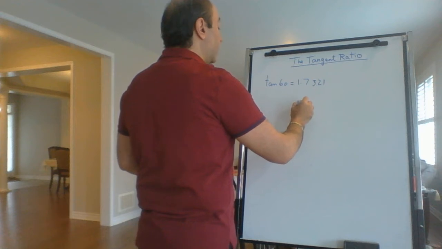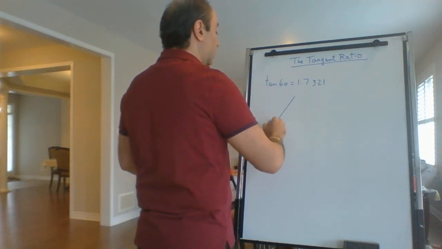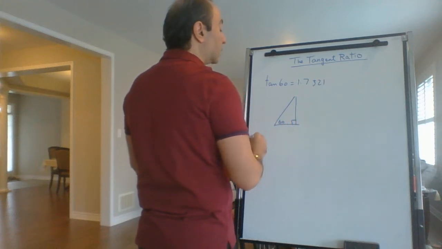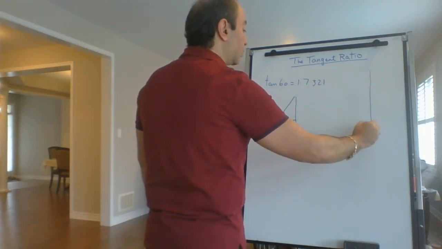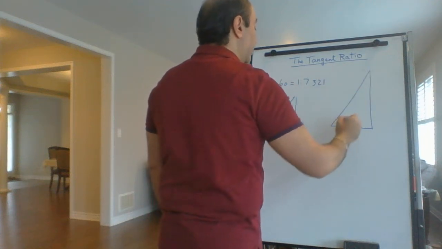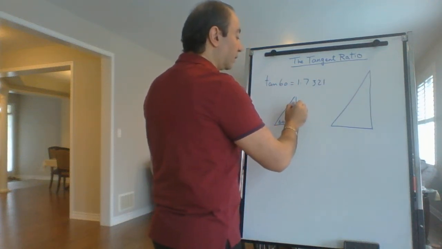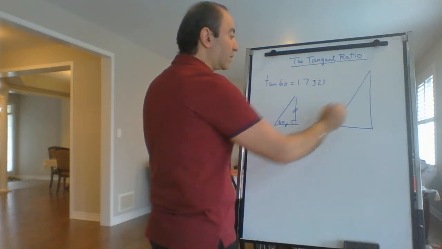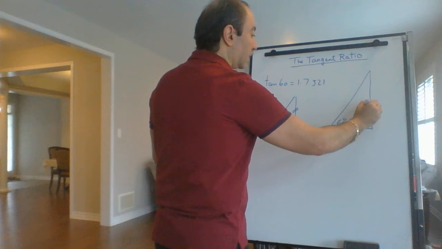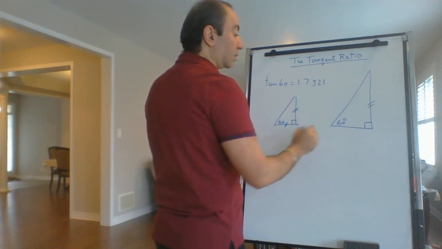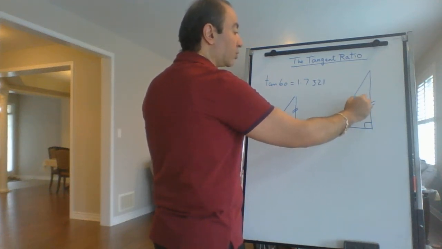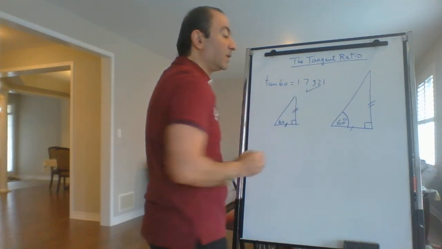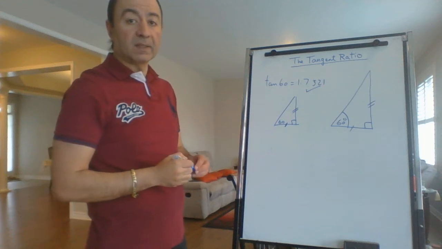So no matter how the triangle looks, big or small, if we divide the length of the opposite by the length of the adjacent in any right triangle, the ratio between the opposite and the adjacent when the angle is 60 degrees will always be this. Okay, that's what it means.